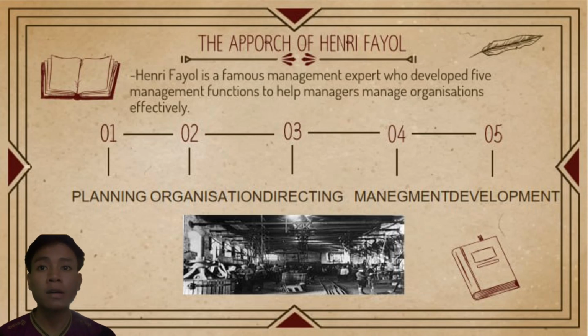The 5 functions are: firstly, planning, making action plans to achieve organization goals. Second, organizing the resources available in the organization, such as manpower, money, and raw materials to achieve organization goals. Third, direction, motivating, directing, and coordinating the activities of people in the organization to achieve the organization goals. Fourth, control, ensuring that the actions taken are in accordance with the organization's plan and goals.